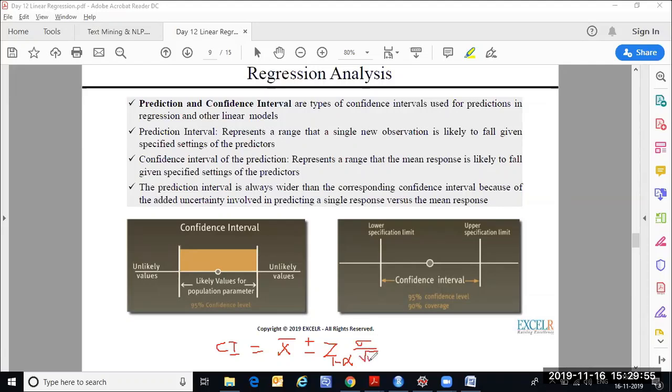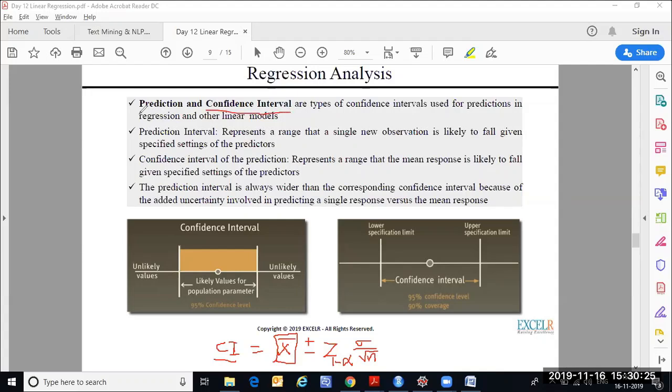Am I correct? So that means we are baselining the mean as a measure to come out with the confidence interval by how much we could deviate on both sides of this mean value with our prediction. And that's what the confidence interval talks about.